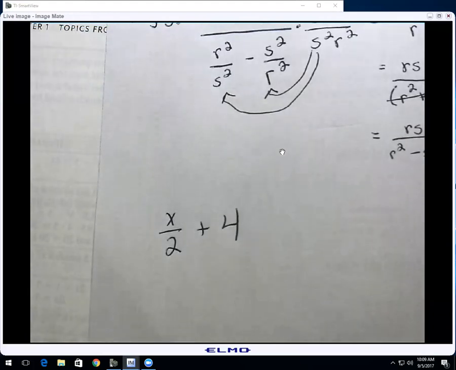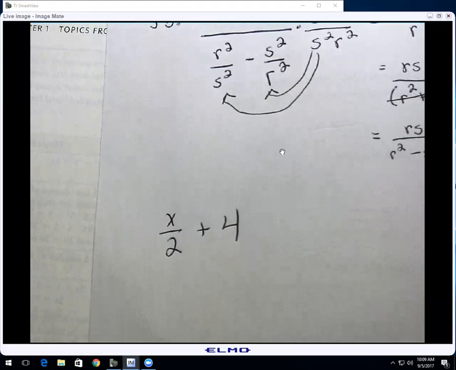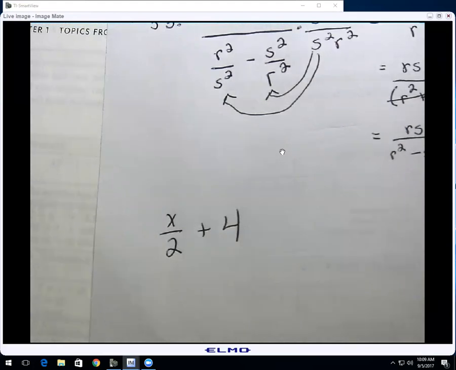Can I clear the fractions out of that? That's not an equation. You cannot clear out the fractions. You could get a common denominator and combine those so that you had a single fraction, but it would still be a fraction. It's not an equation, so you can't clear out the denominators.